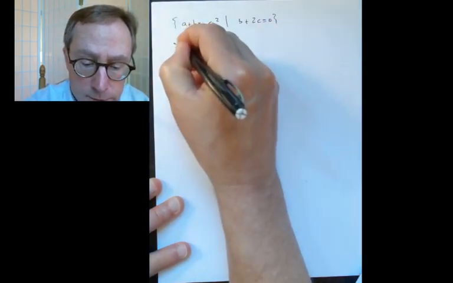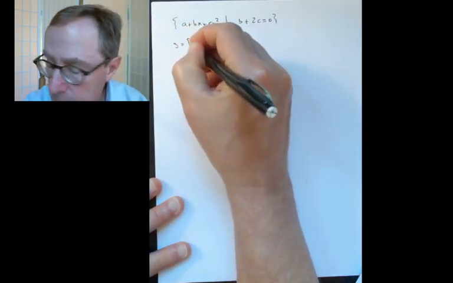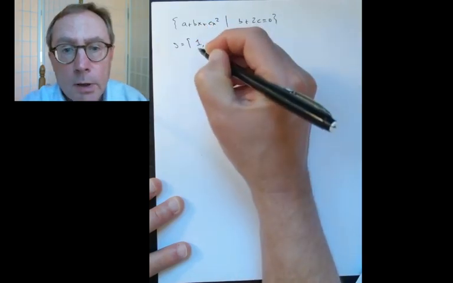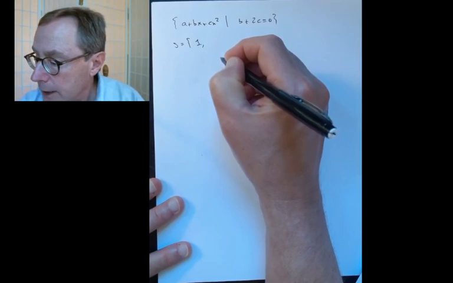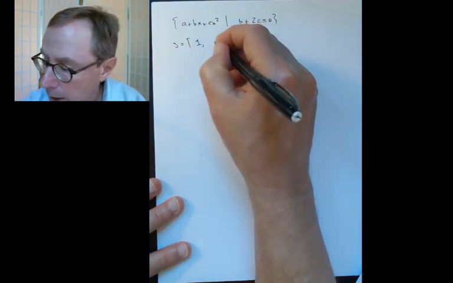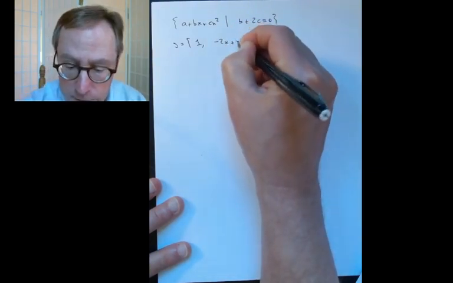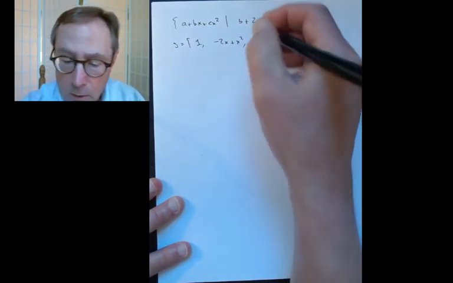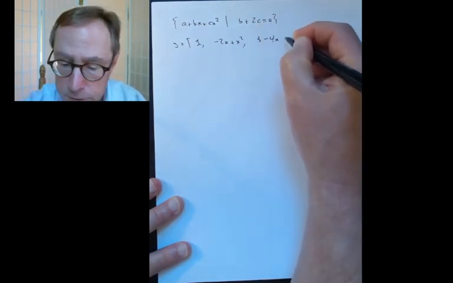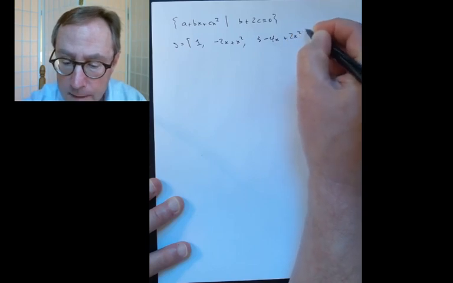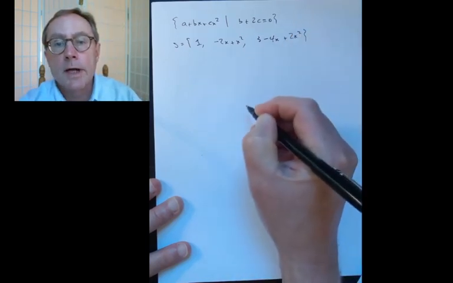And S was, what the heck was it? It was 1. That's 1 plus 0x plus 0x squared. So it's a perfectly good member of the space. Minus 2x plus x squared. And then 3 minus 4x plus 2x squared. If I remembered it right, if I wrote it down right.